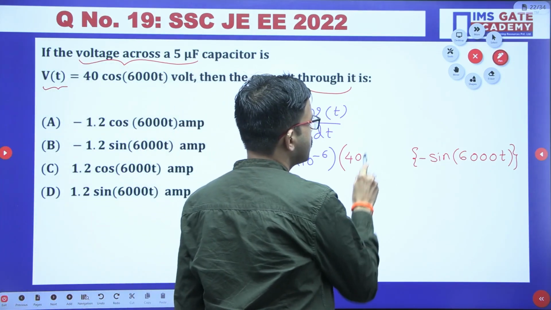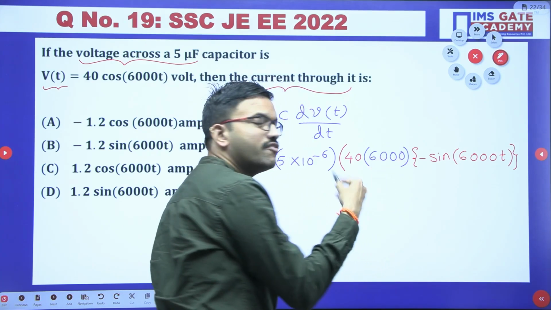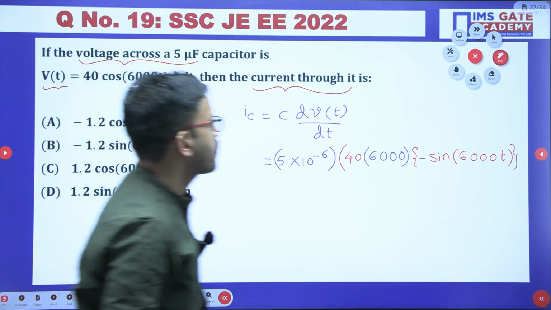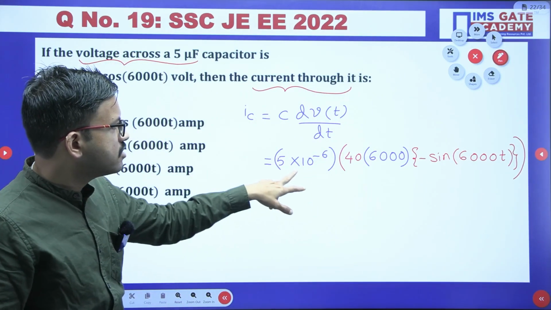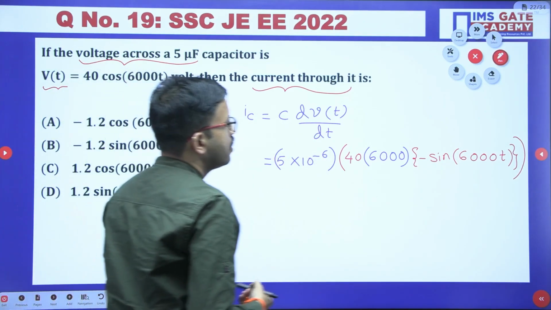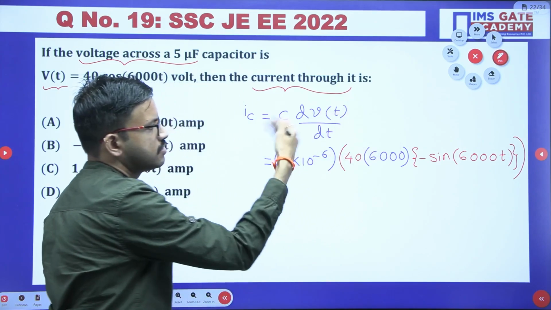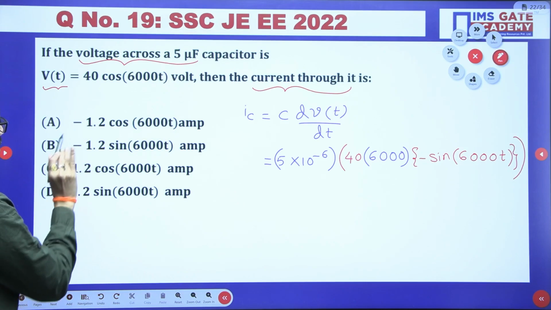From there you will get 6000, because the derivative of t with respect to t will be 1. So once again I am repeating: the capacitor value and then the differentiation of this particular voltage signal. Now the overall expression you are going to get is negative.